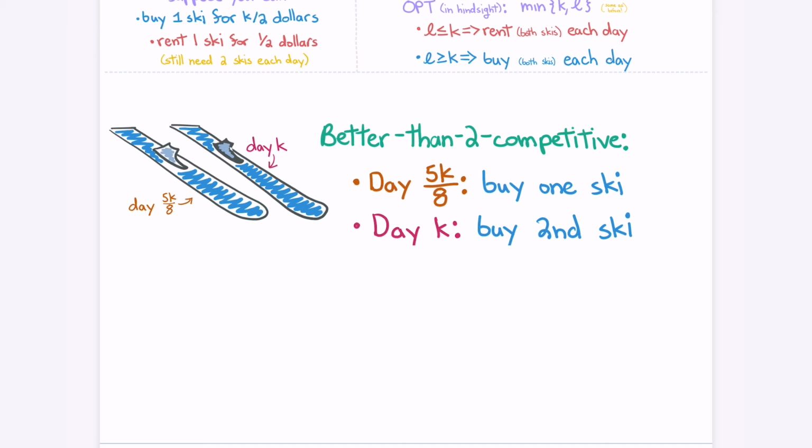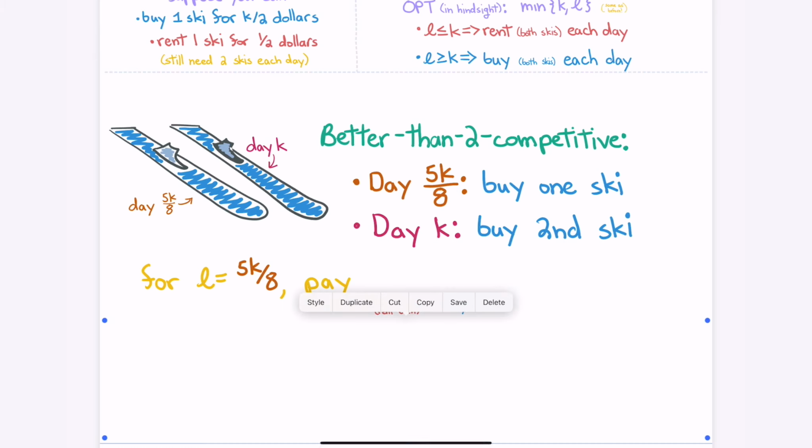But if I did the calculations, okay, so for L equals 5K over 8, what do you pay? You pay 5K over 8 for renting both every day, plus you finally buy one for K over 2.